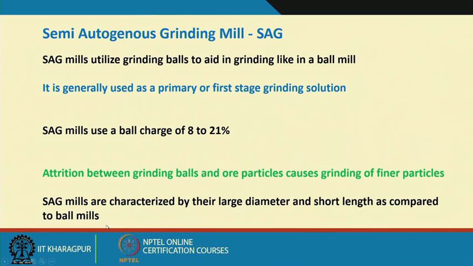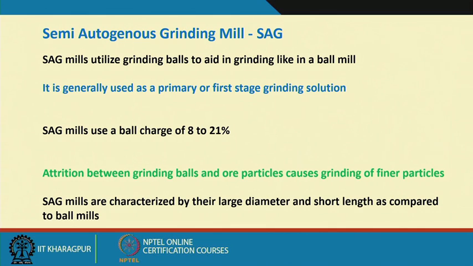SAG mills are characterized by their large diameter, they are very big mills. Why do you want large diameter mills? Because when the diameter is more, the point from where there is a change, that is your break point, is at a much higher height than if you are using a smaller diameter mill.